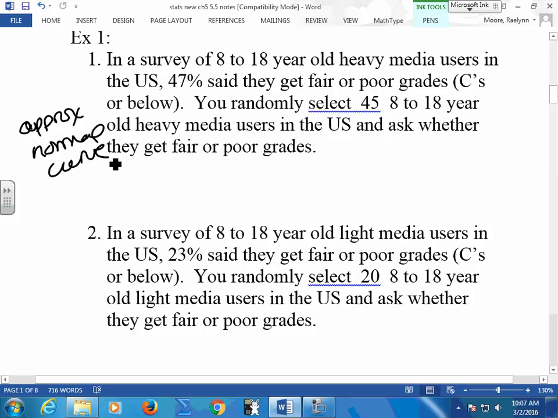So you say, in a survey of 8 to 18-year-olds, I don't care about those numbers, of heavy media users in the U.S., 47% of them say they get fair or poor grades. That's pretty high. So you randomly select 45. What does 45 represent?